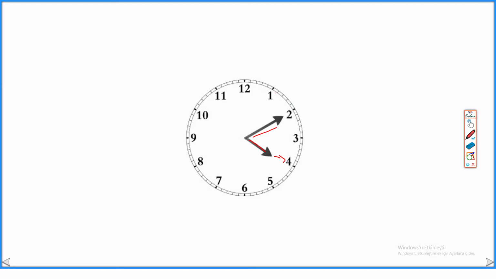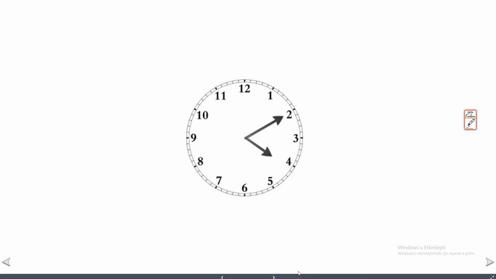We count by 5 minutes, as you know. 5, 10, 15, 20, 25, 30, and it is 10. Okay, it is 4:10 or 10 past 4.